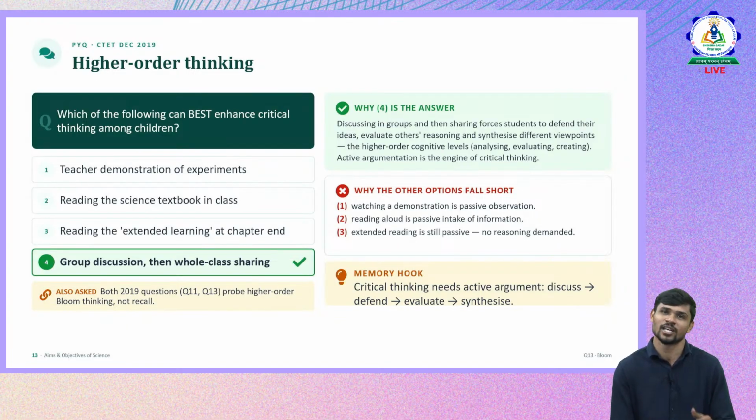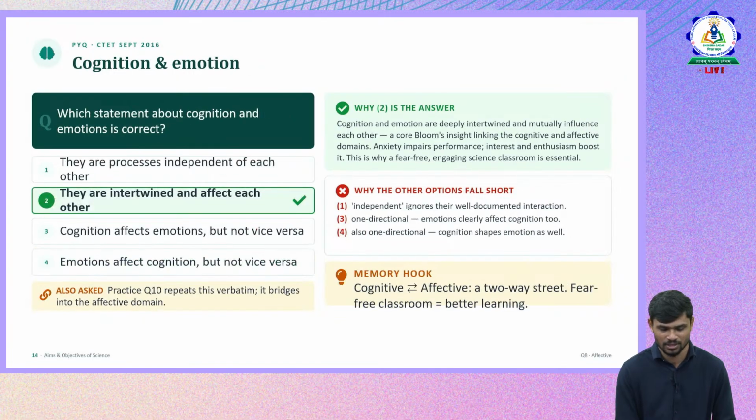Reading a science textbook can also happen passively, even if they are doing it actively. But what develops critical thinking is the discussion part, where you come across different perspectives, ideas, and argumentation. All that happens in group discussion. So that's why the fourth answer is right.